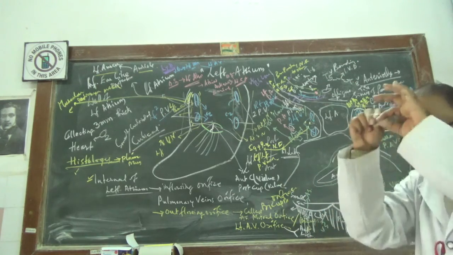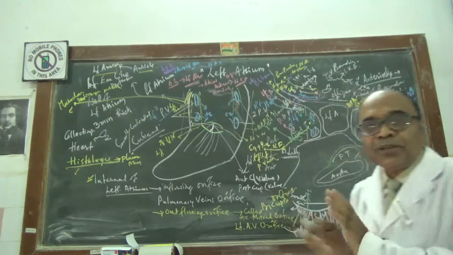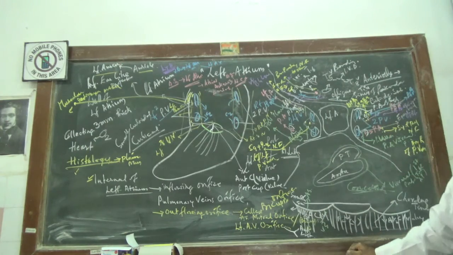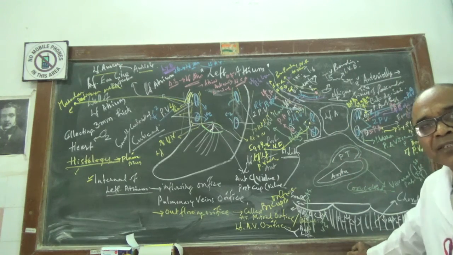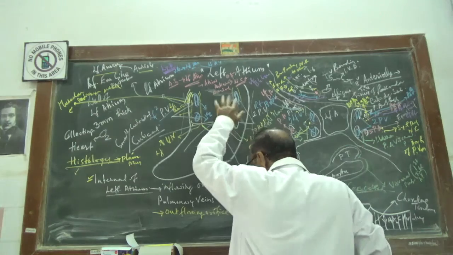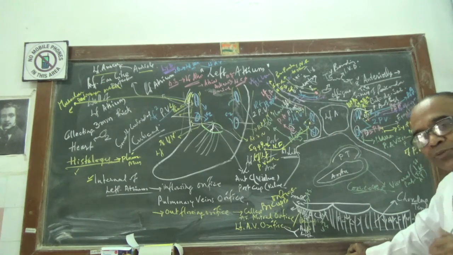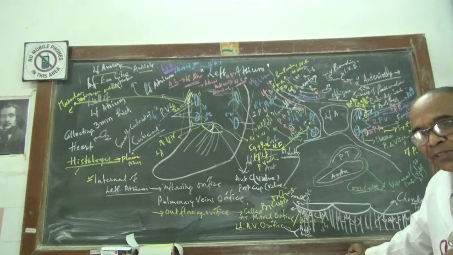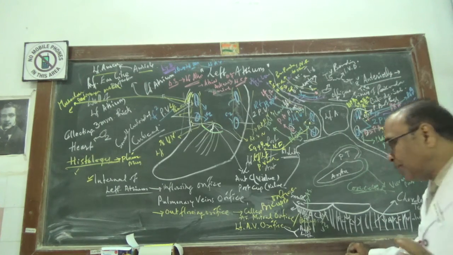They together form and open into the superior vena cava. The superior vena cava pours into the right atrium of the heart. So in the right atrium, deoxygenated blood along with the lymph, which is brought from the upper part and as well as the lower part via the thoracic duct, and on the right side via the right lymphatic duct, is received.